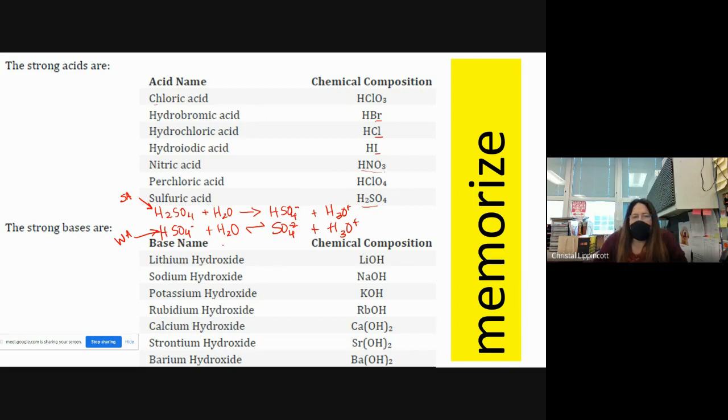Now, as far as memorizing these guys go, what you have to do is look at all of these right here. They're all in the same position that they would be on a periodic table. And then if you kick over one, you get calcium, strontium, and barium.